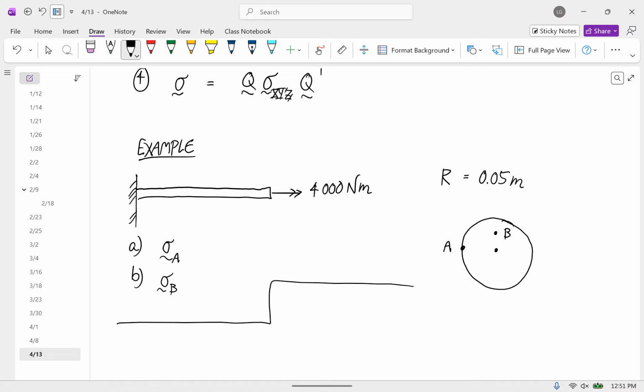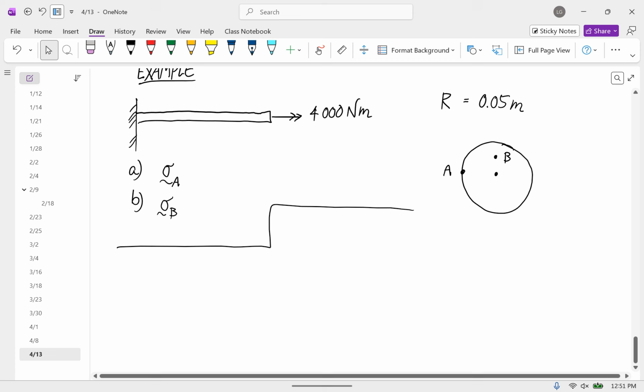Anybody just off the top of your head, do you know what the internal torque is going to be? We can calculate it. If you happen to just be able to say, oh, it's got to be this, that's great. If you can't see that right away, no problem. You have plenty of time to do these.